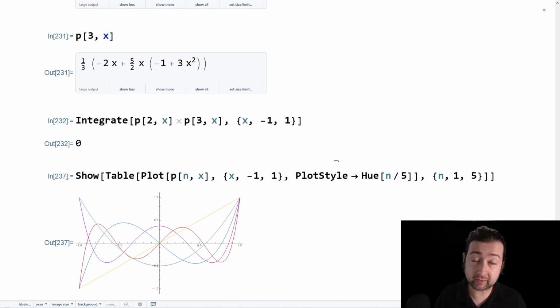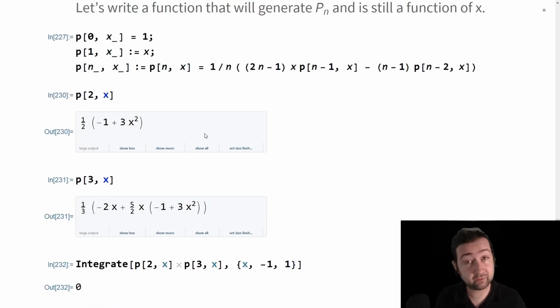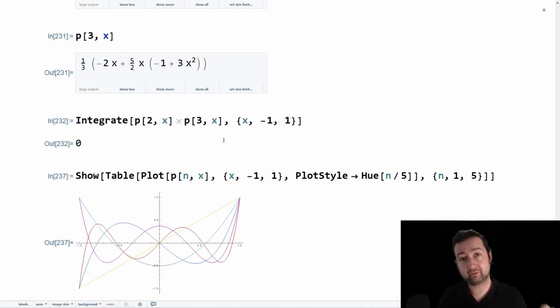So that's the basics of recursion. We talked about doing recursion to generate sequences of numbers. We talked about doing recursion to generate sequences of functions, different ways that we can make sure that we have functions versus numbers. We've shown how we can manipulate the output of these things.